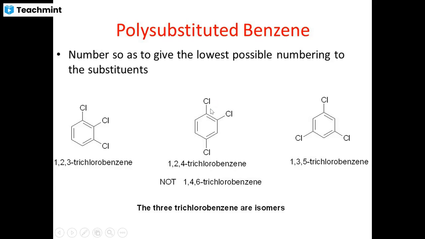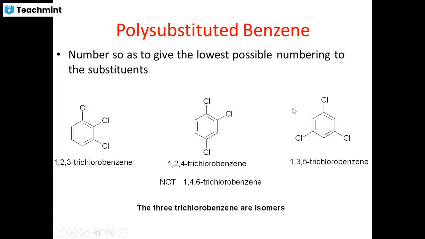You have to give the lowest numbers to the substituents, whether you go from the right side or the left side. Then the third one: if you go from the left side or right side, clockwise or anticlockwise, all will come at 1, 3, 5 positions. So 1,3,5-trichlorobenzene is the name of this compound.